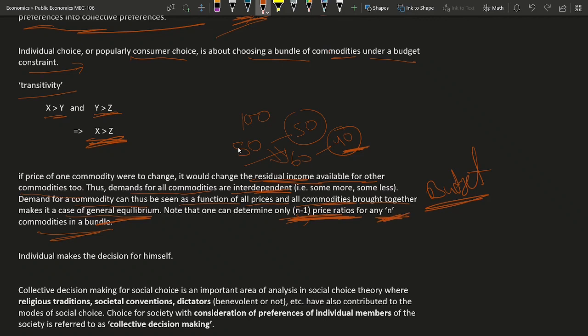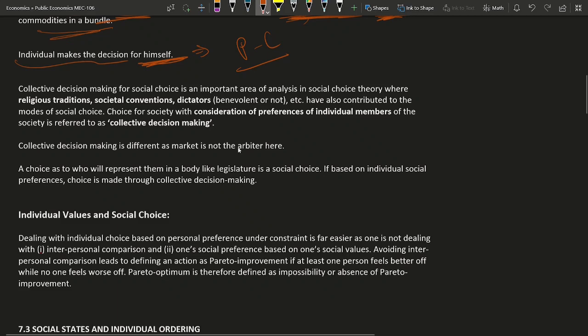The next assumption is that individuals make the decision for themselves. We are ignoring the case where parents make decisions for their children's education and what subject they should choose. Next, collective decision making for social choice is an important area of analysis. In social choice theory, religious traditions, societal conventions or dictators have also contributed to the modes of social choice.